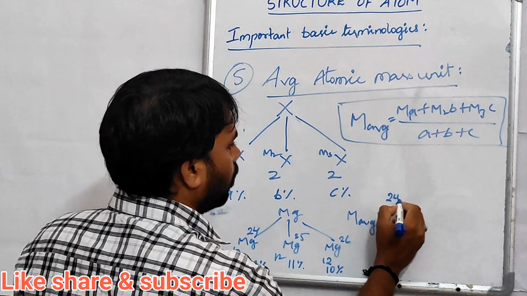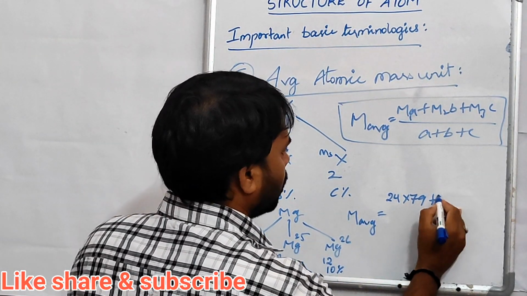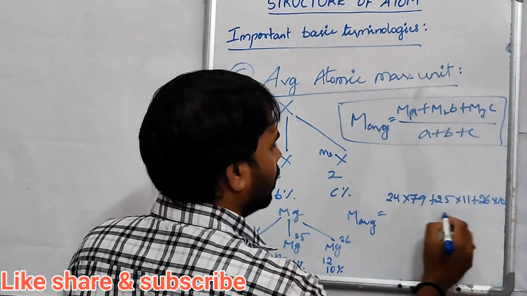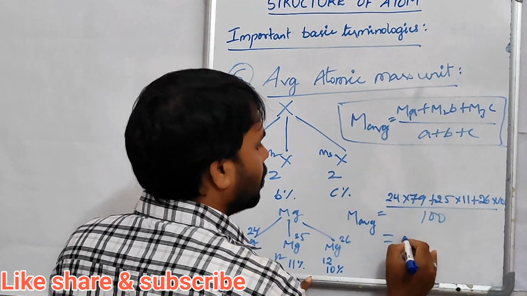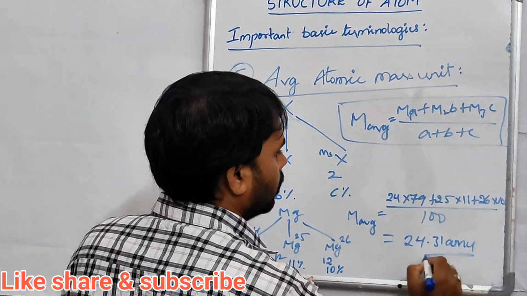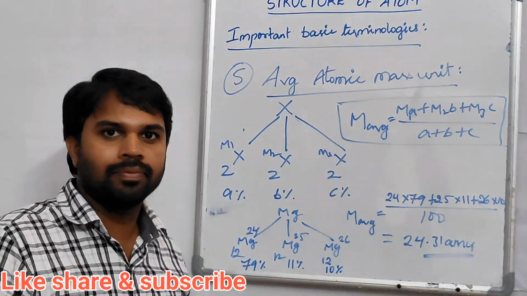Now (24 × 79 plus 25 × 11 plus 26 × 10) divided by 100. This value comes out to be 24.31 AMU. This is the average atomic mass of magnesium.